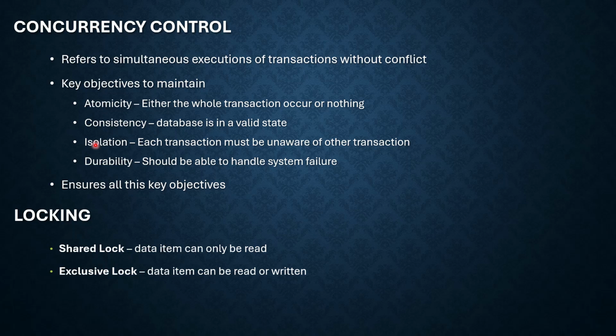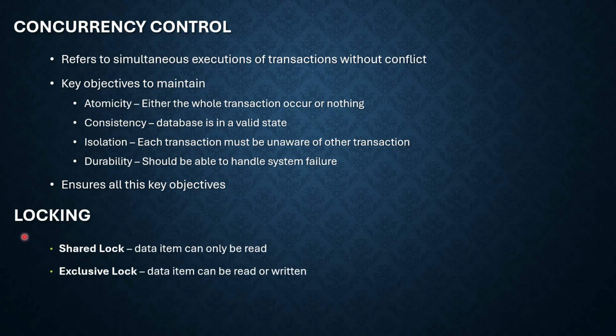In isolation, a transaction must be unaware of another transaction. The execution of another transaction should not affect the execution of my current transaction. And another is durability. Our scheme should be able to handle system failure also.